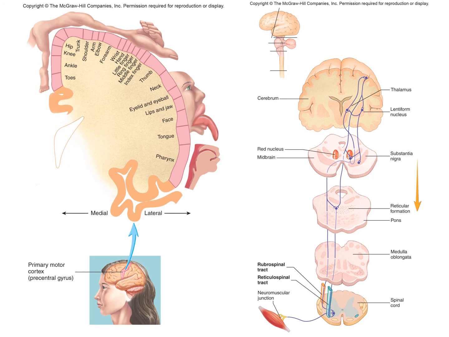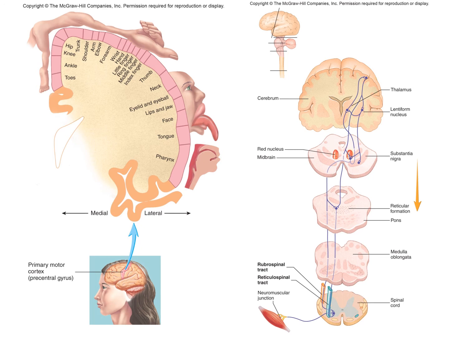So if you wanted to move a hand, an impulse would begin somewhere up in that figure, about 2 o'clock or so in the figure. An axon traveling down to the thalamus would conduct that impulse.